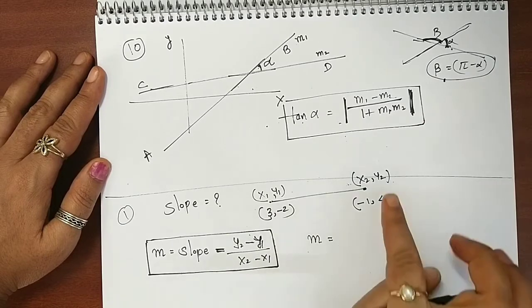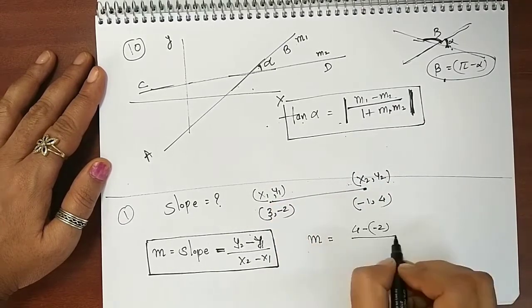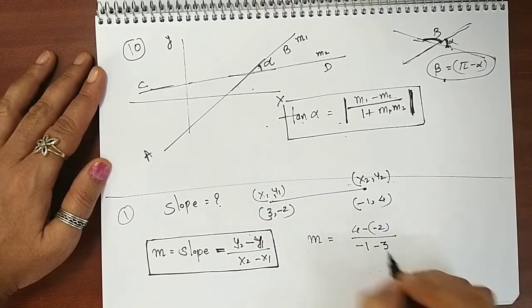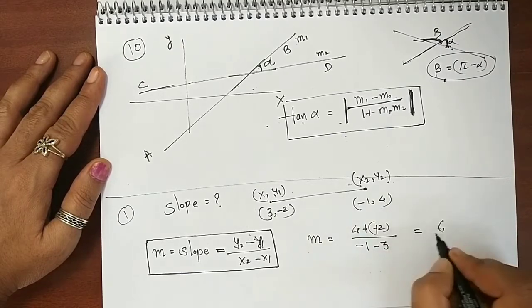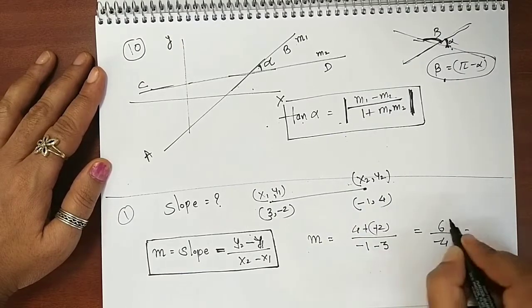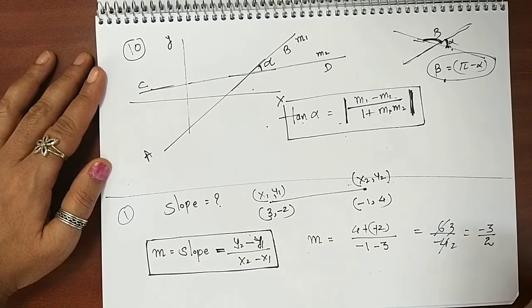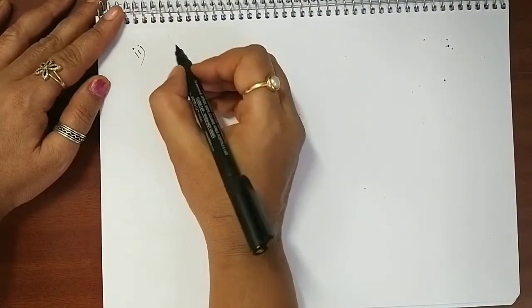So m is equal to y2 minus y1, which is 4 minus of minus 2, over x2 minus x1, which is minus 1 minus 3. So this will become plus. So 6 by minus 4, which is minus 3 by 2. It was not that hard.